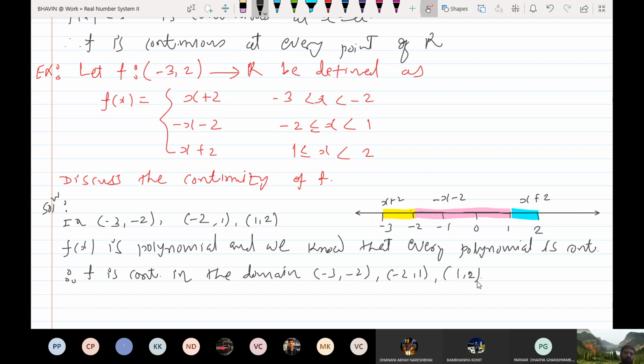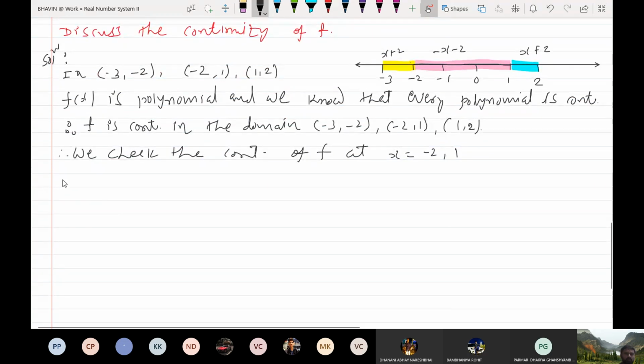So we shall check the continuity at which points? Minus 2 and 1. x equal to minus 2, x equal to 1.